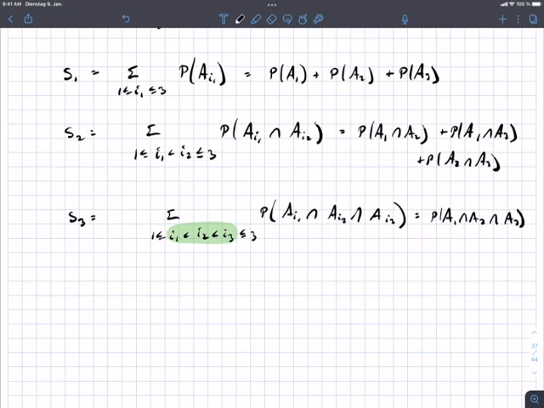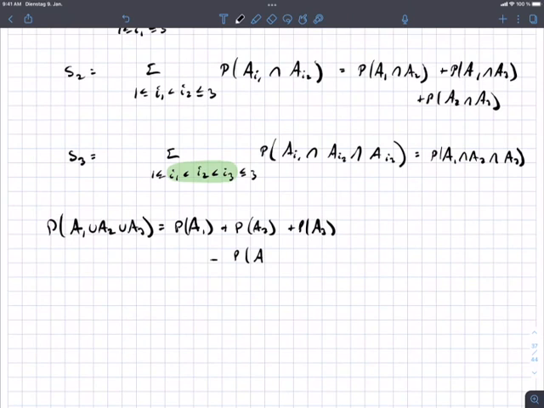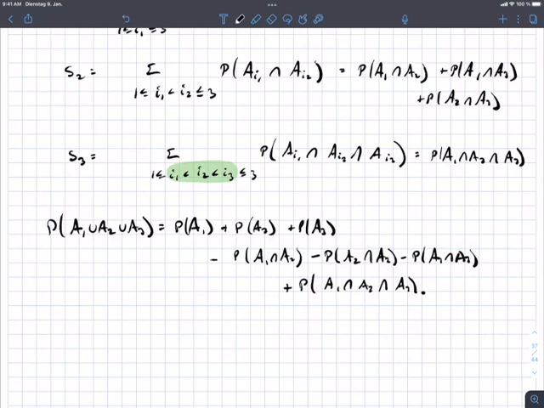So in the end I have that this union is equal to the sum of all the probabilities minus all of these intersections, every possible intersection we can think of between two events, plus this intersection of all three of them. Like that. So that's how you use this inclusion-exclusion formula.